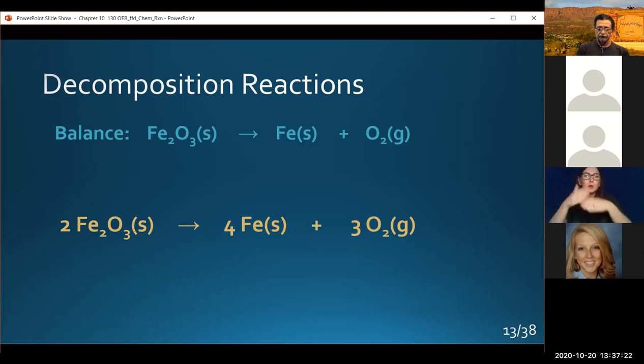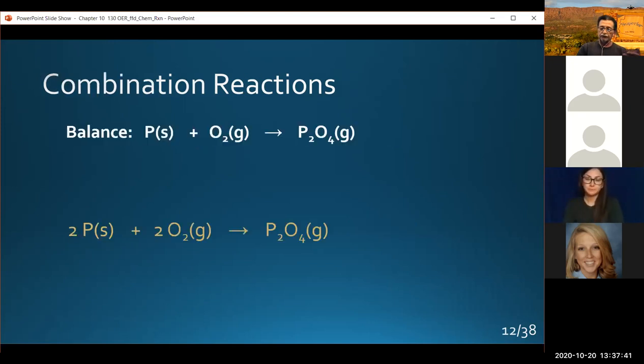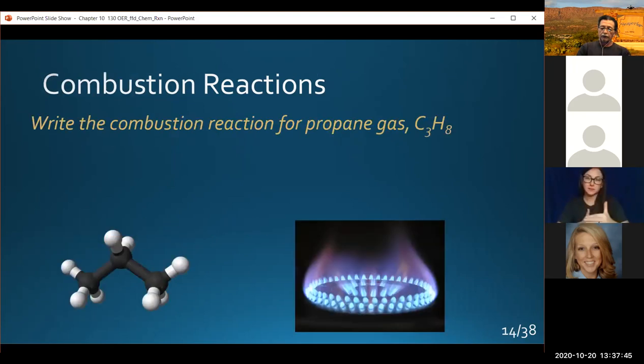You could end up with, say, four iron(III) oxides, 8 irons, and 6 oxygens. It's balanced, but bring it down to the lowest numbers, in this case, 2, 4, and 3. So basically those first two types are kind of trial and error. Throw in the number, see what happens. It's more specific when it comes to combustion reactions as far as balancing.